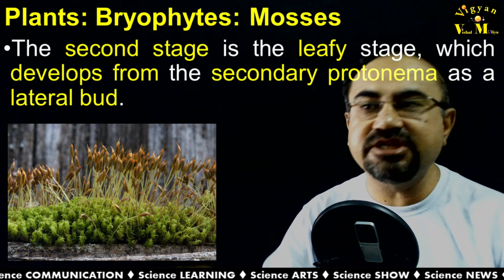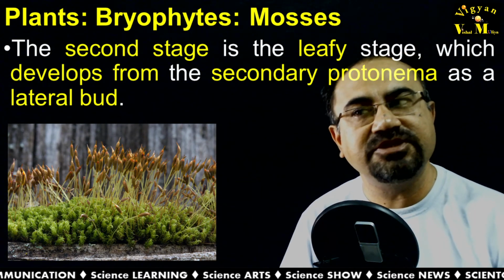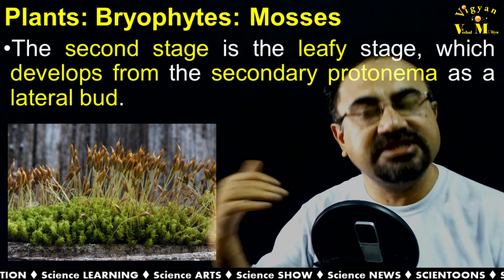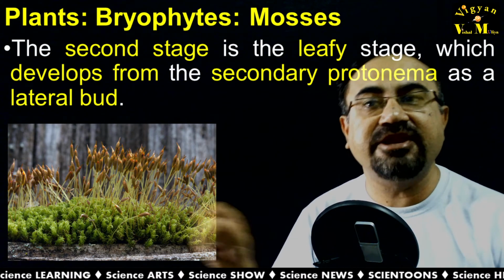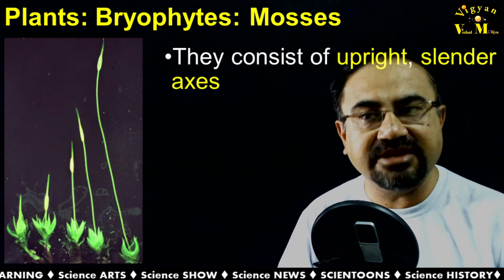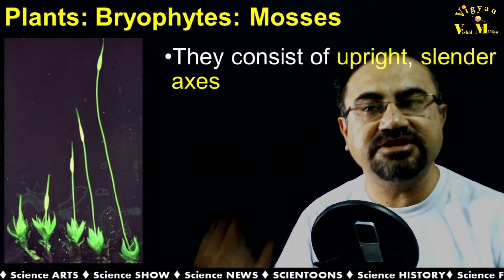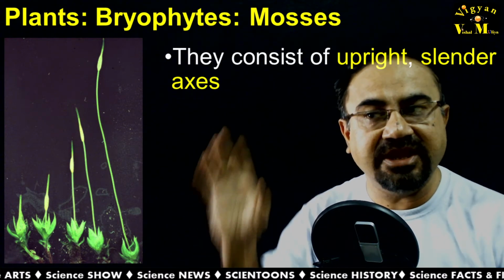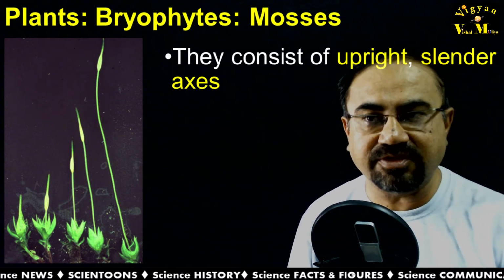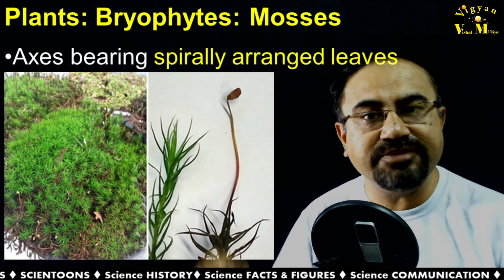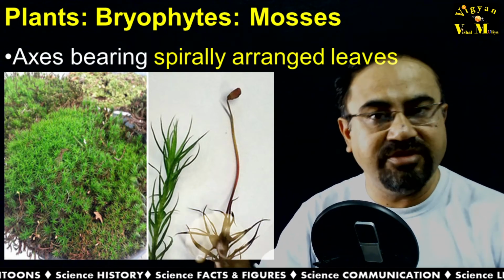The second stage is the leafy stage, and this leafy stage is developed from the secondary protonema as a lateral bud. This second stage is an upright, slender axis, which you can see in the photograph. The axis has spirally arranged leaves.